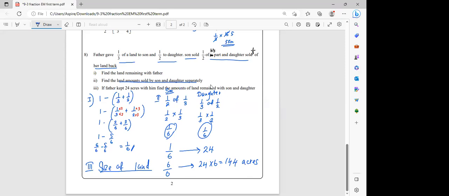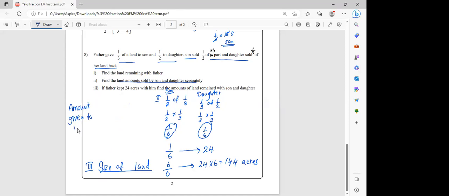The amount given to son is equal to 1/3 of 144 acres.